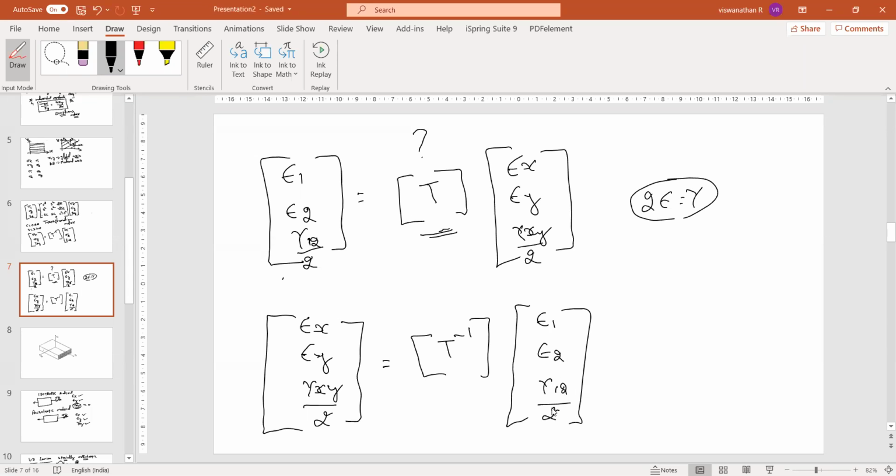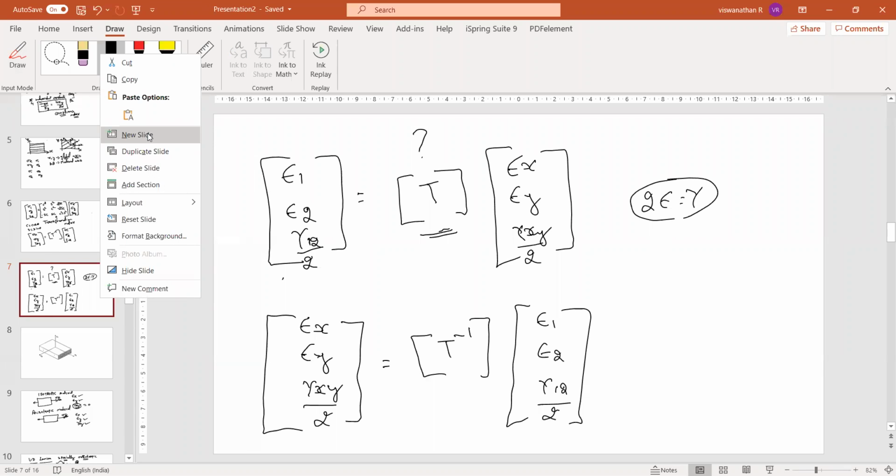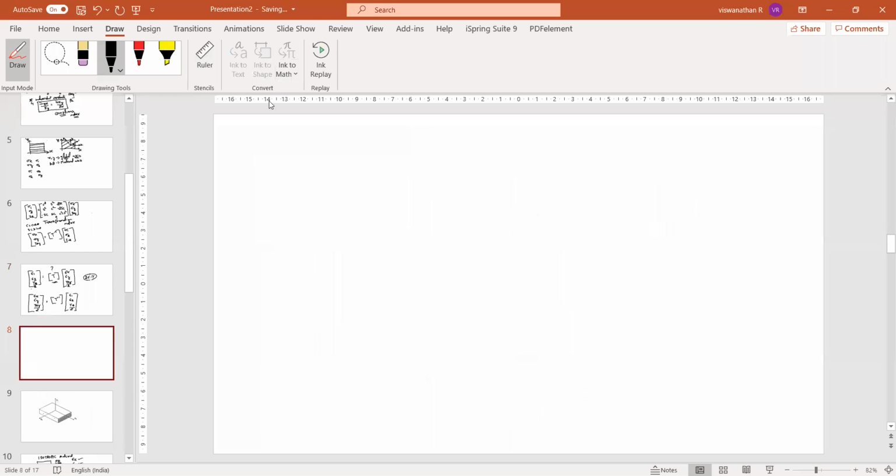So this is how you relate these things. Always, the transformation matrix, what does it do? So the first one we discussed was compliance.